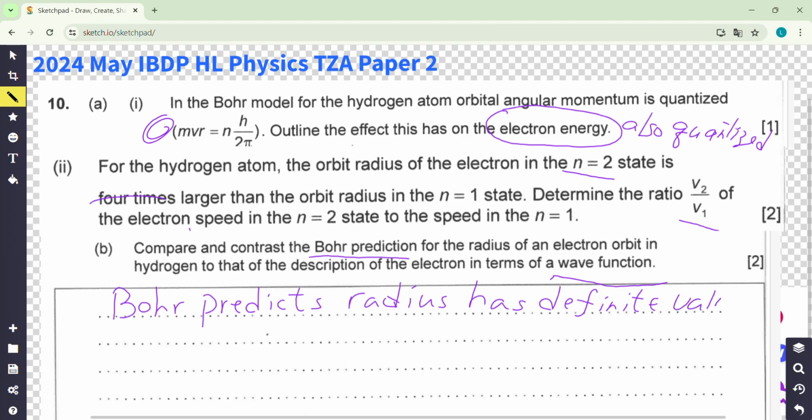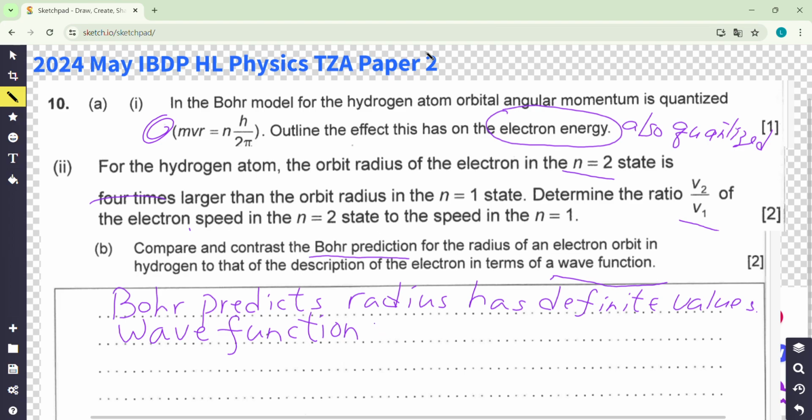Quantized values. But by the wave function model, wave function means a probability, right? Wave function predicts that you have a probability to find the radius in the surrounding or near to the definite values, but with different probabilities.